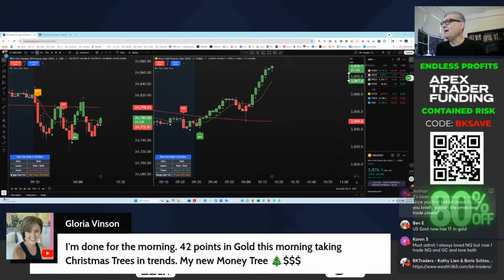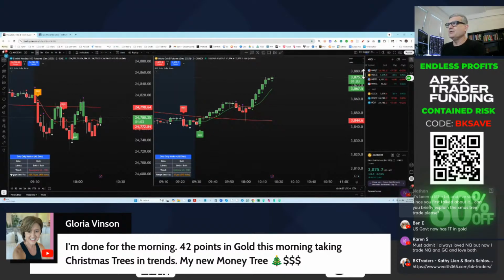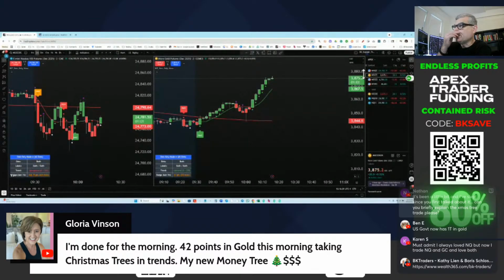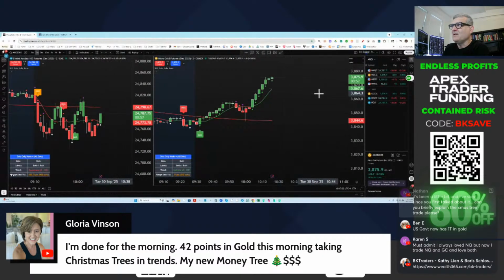Having said this, I'm absolutely convinced they're not going to be able to take it through the 3,900 unless we have some kind of exogenous event here. I'm going to be looking for a red dot over here sometime to see if I could take the reversal move. But in the meantime, I have the Nasdaq possibly setting up. So let's see what we can do with that.